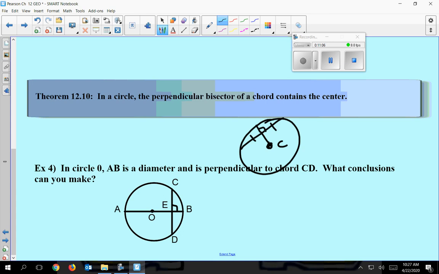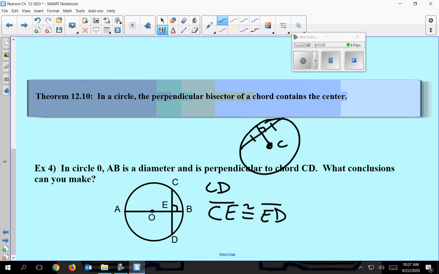Well, the chord is CD. Okay? So if we go back to our rules, what happened to CD? Well, it got bisected. Well, what's bisect mean? It means it cuts it into equal halves. So really CD, I should be able to say that line segment CE is going to be congruent to line segment ED. Because that's what it says. That's what the rules just told me. And that's a conclusion I could make.